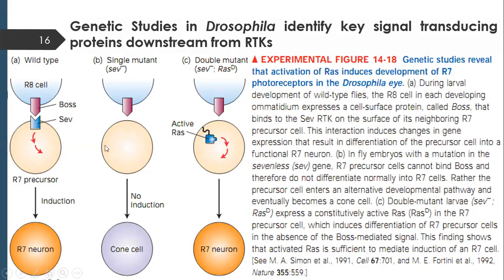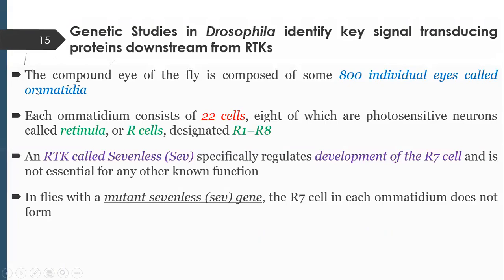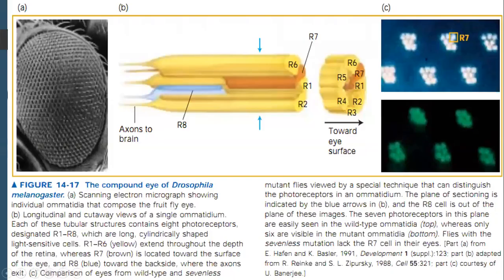So अगर हम इस pink circle को देख लें, they are R7 precursors, ये जो blue color है that represents R8 cells. This was R8 and this is R7.